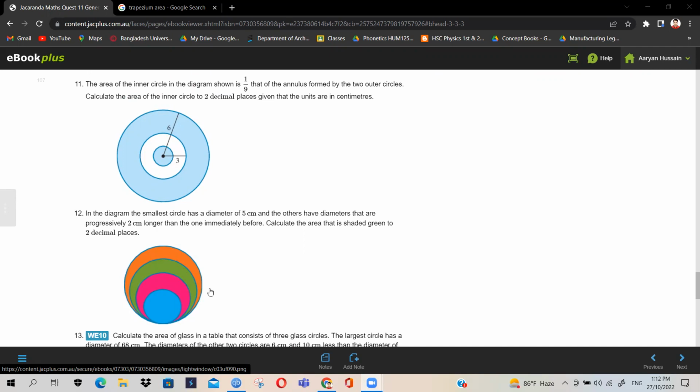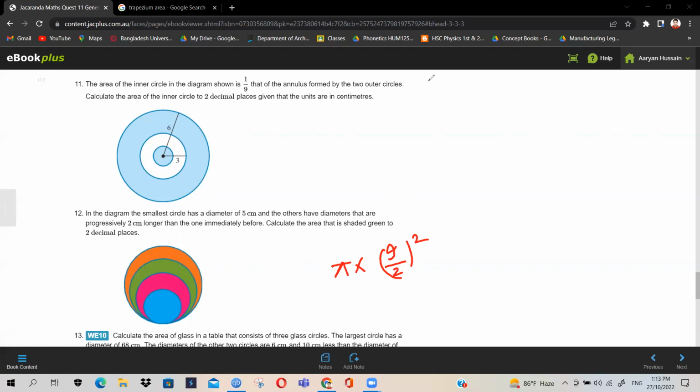There is no use of the orange one. Whatever. Five is the smallest, then 7 would be the red and 9 would be the green. So the area would be pi into 9 upon 2 squared. That would be our answer because the diameter is given, that is why we have divided by 2.